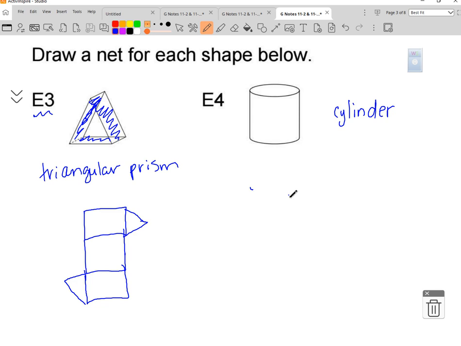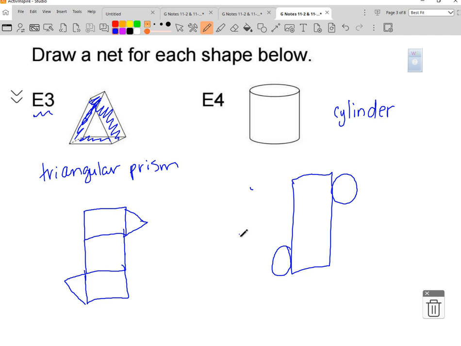Does that make sense? So we're going to draw a rectangle and put a circle on each side, and that would be the net of a cylinder. We can put them here and here, we can put them both here, we can put them both in the middle, it doesn't matter, as long as there's one on each side.